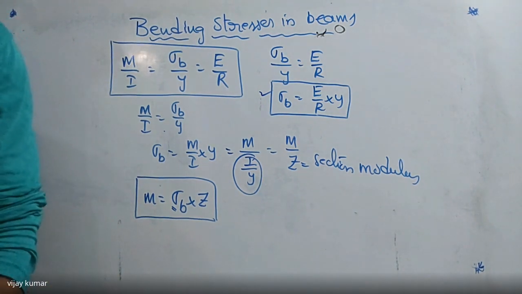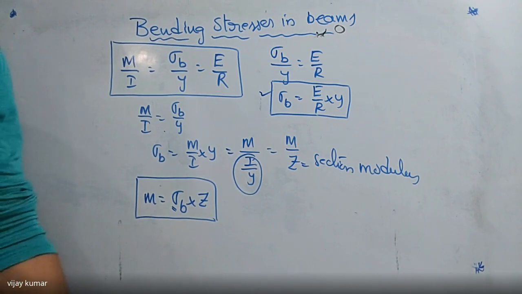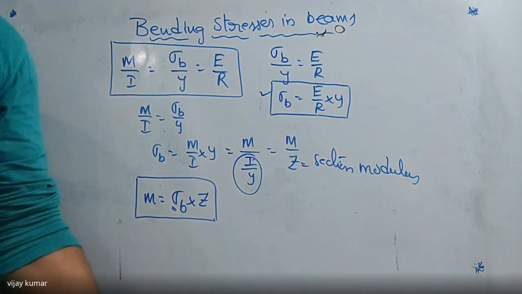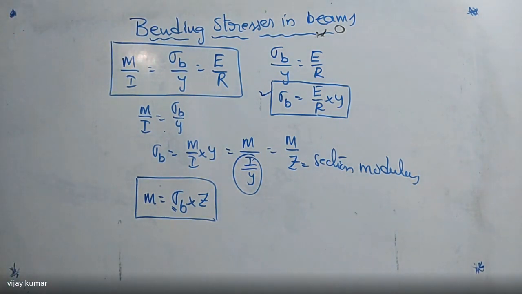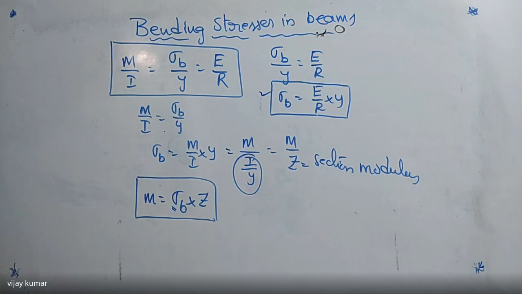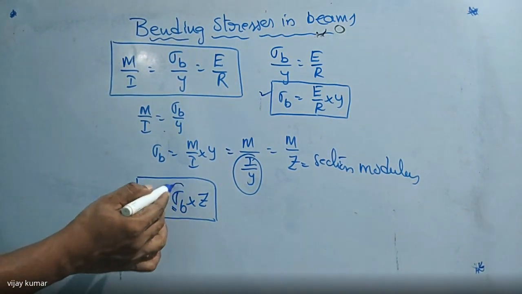We know the maximum stress in the ductile material is the yield stress. The maximum stress in the brittle material is the ultimate stress. So we know this value, or the values are already given to you. Maximum stress in different types of materials, the allowable stresses, we also know. So this is constant for every material.